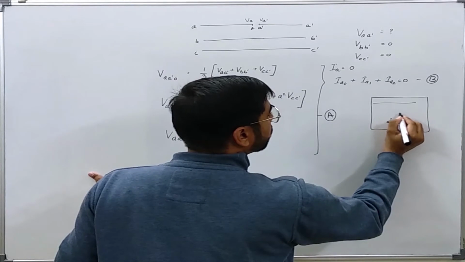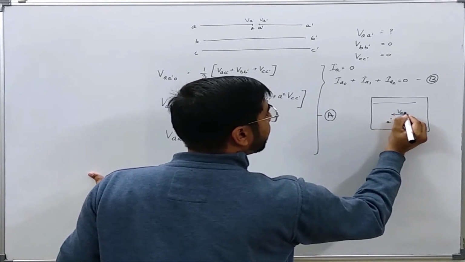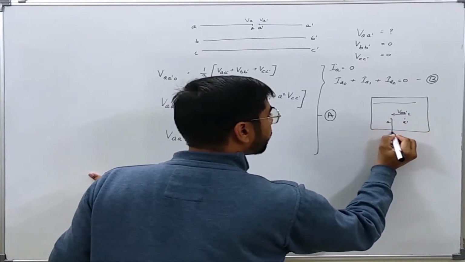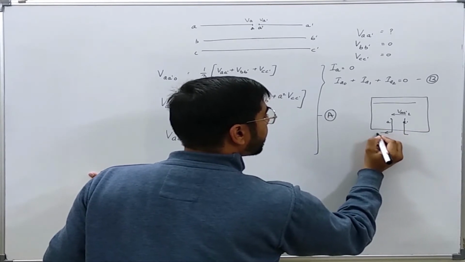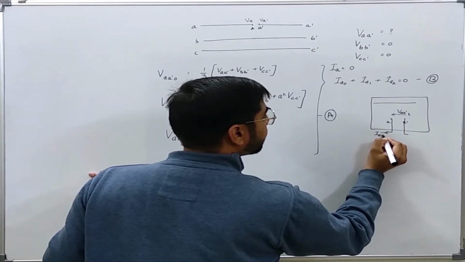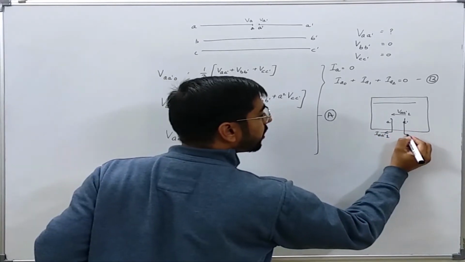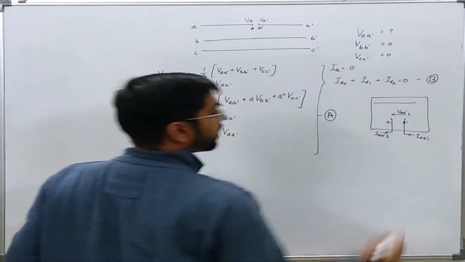The voltage across this point is VAA dash 1. IAA dash 1 is leaving and IAA dash 1 is entering.